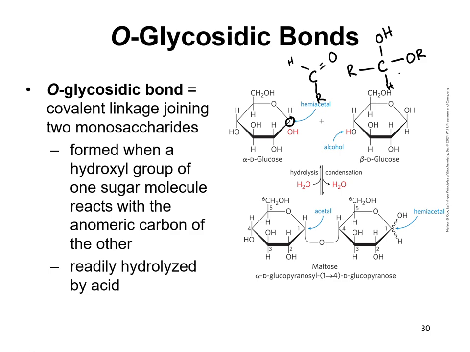So this is the hemiacetal, and this would be for a cyclic structure. So this is just one carbon. This is carbon 1 on the glucose molecule. So this carbon has a partial positive charge.